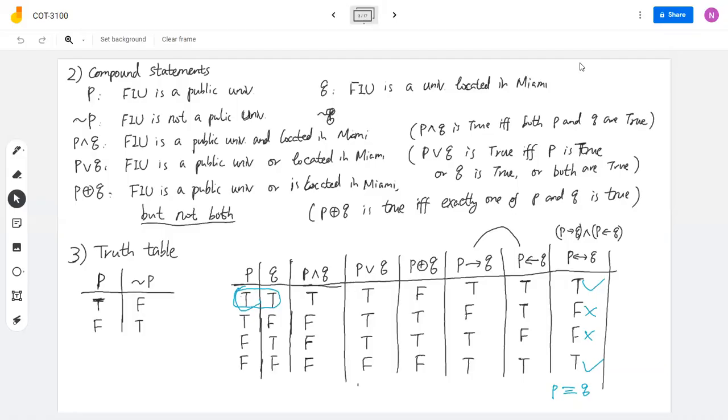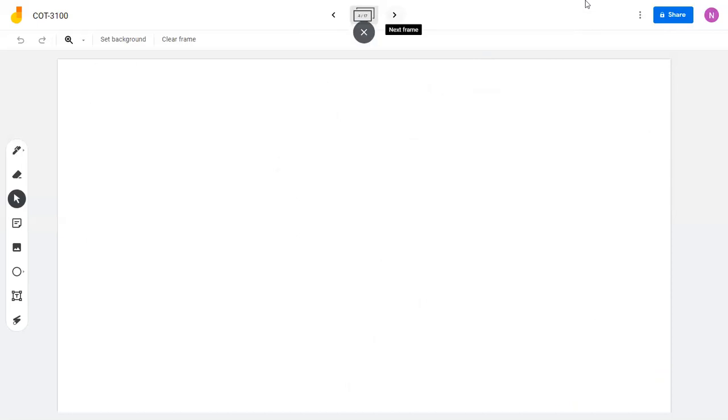Okay. So the next topic we are going to discuss. Let's move to the next slide. So we are going to define logical equivalence.